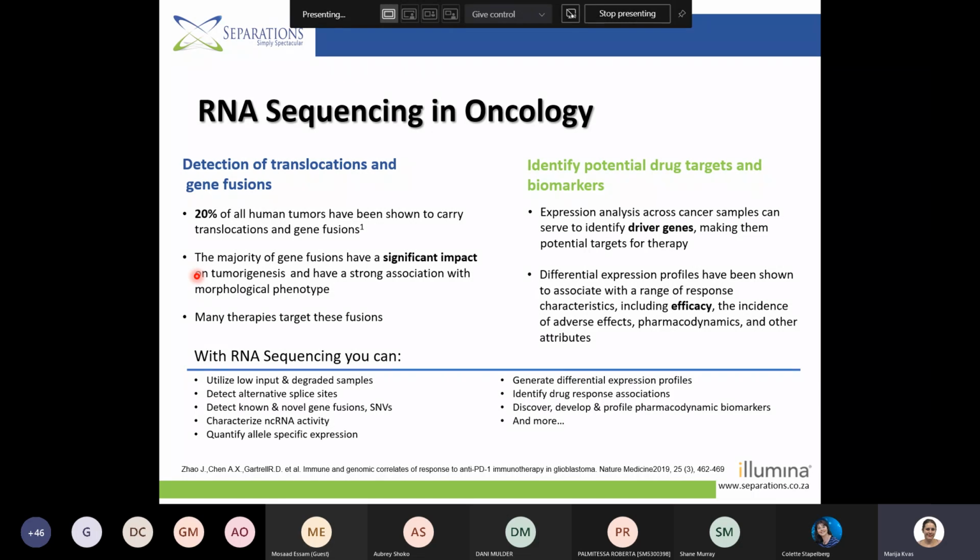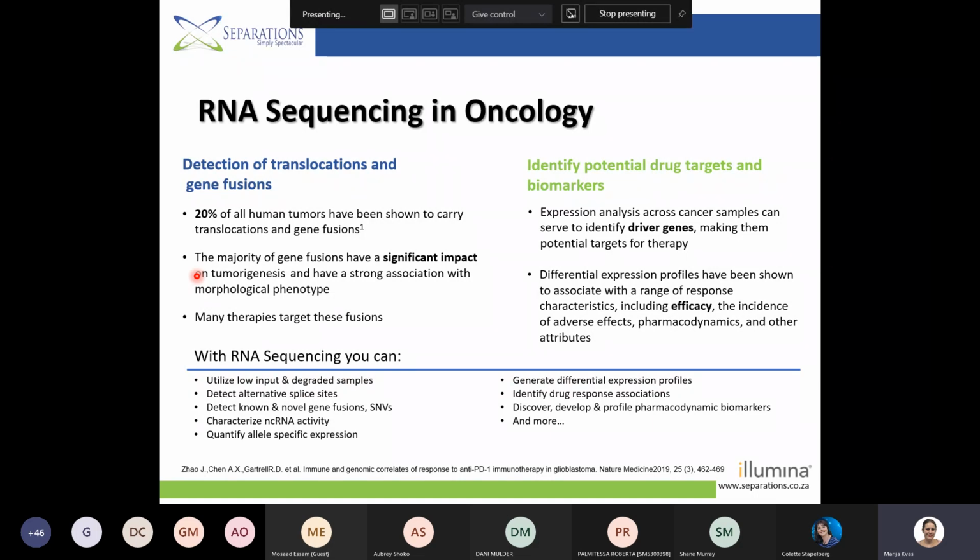So when it comes to oncology, it's really important that we understand which fusions a patient has, right? And this expression analysis across cancer samples can serve to identify driver genes and make them potential targets for therapy, right? And that is really important.